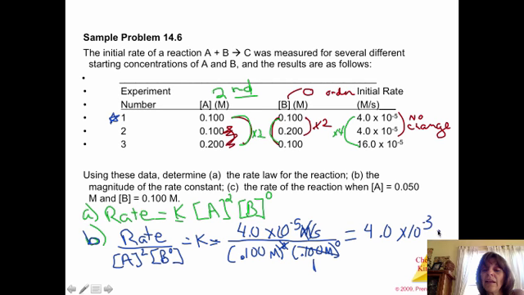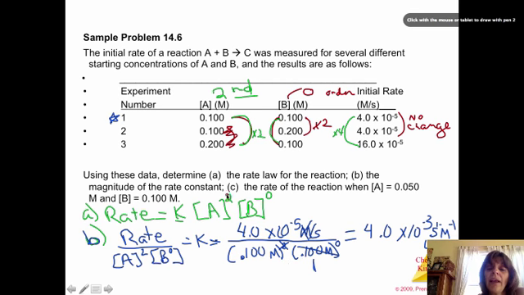So you basically end up with seconds to the negative 1 and molarity to the negative 1. That's the unit you have left. You could write this, if you break this down into moles per liter, you'd end up with liters per mole second. Give that some thought. All right, either way is legitimate.